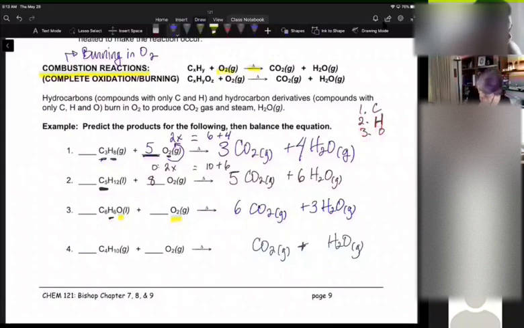Now here's where it's different. The arrow is still my equals, but I'm going to have 1 plus 2x. So that's the 1, that's the 2, and then x is going to be my coefficient. That is equal to, we have 6 times 2 is 12 oxygens from carbon dioxide, plus 3 oxygens from water.